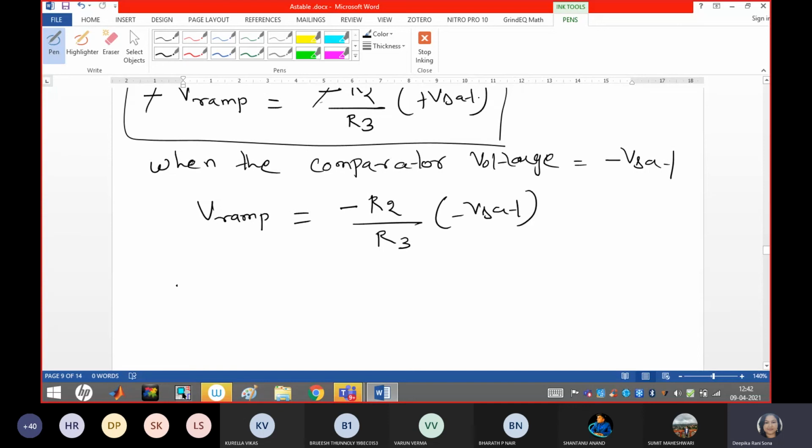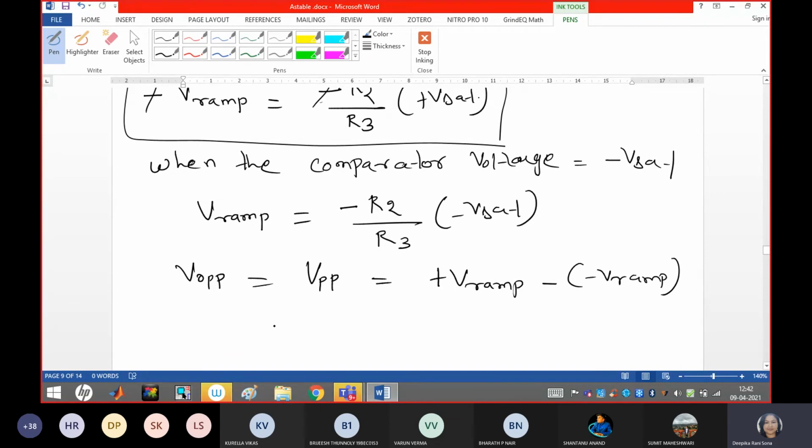Then the peak to peak voltage, if I consider VPP, big peak to peak voltage. The output peak to peak voltage is nothing but the combination of plus V ramp and minus V ramp, the difference between plus V ramp and minus of minus V ramp.